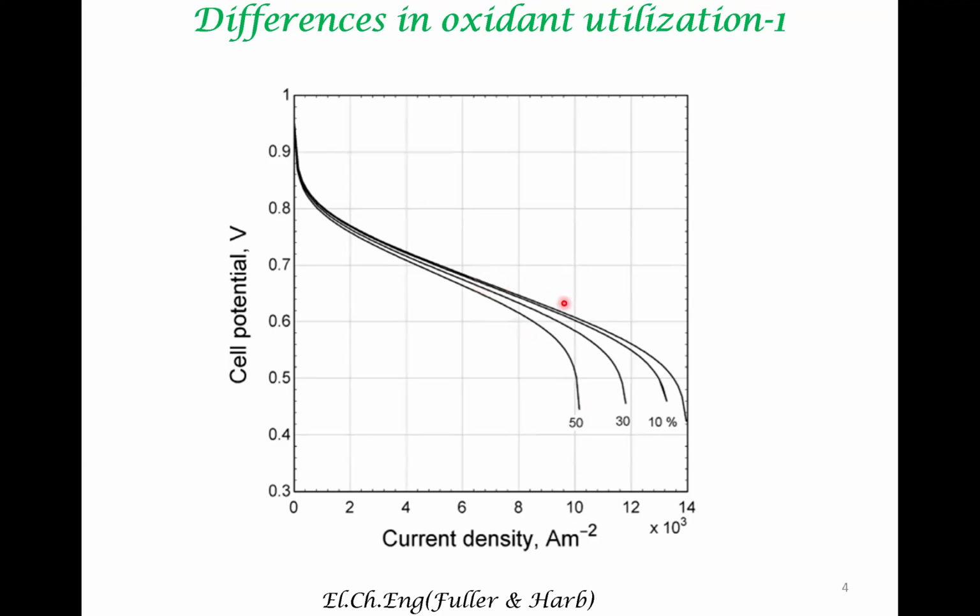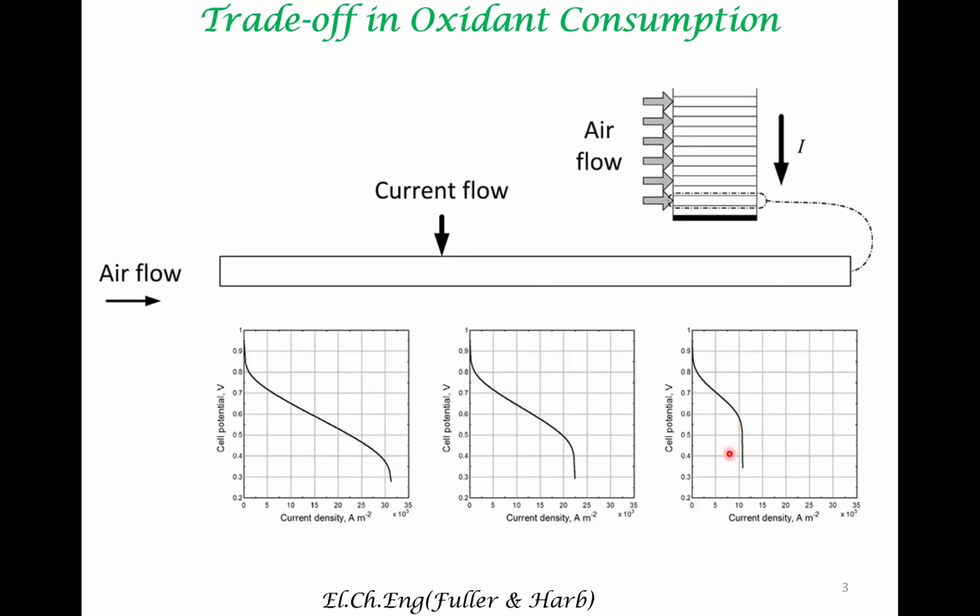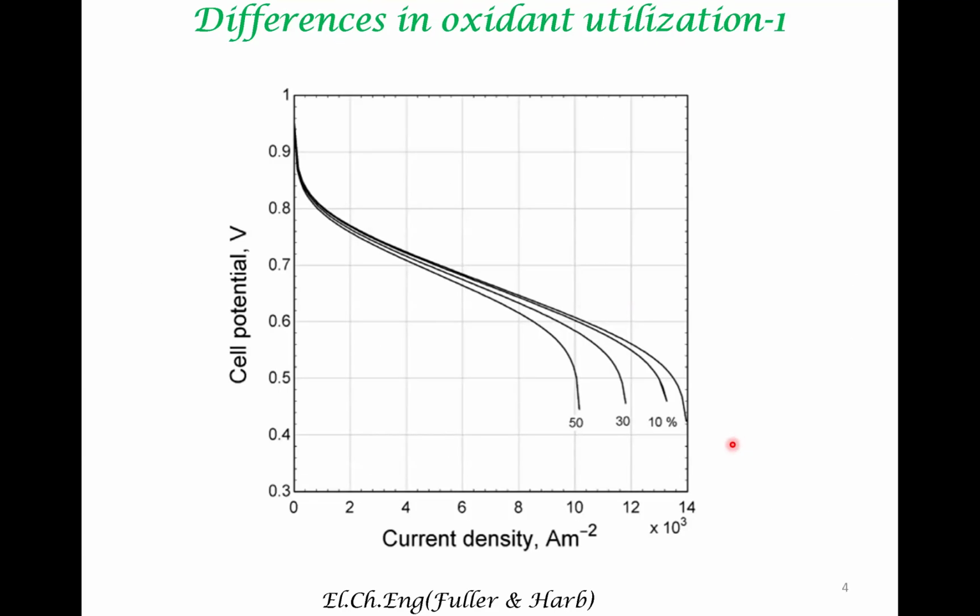If your oxygen utilization is very less, that is, if you do not use much of the oxygen, then there is no region in the fuel cell electrode which is under activation overpotential region. So your cell potential is always high. Even at very high current density, you are not in the activation overpotential region. This corresponds to very less utilization of oxygen.